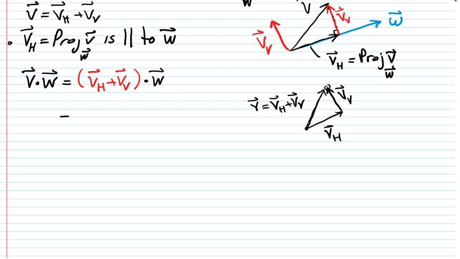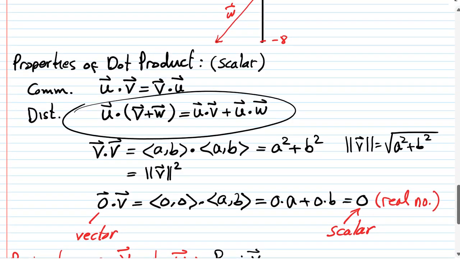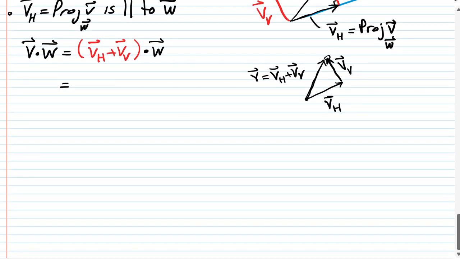Now, using the distributive property that I cited earlier, we're going to distribute W to both horizontal and vertical components. So it's going to look like this. We're going to have the horizontal component dotted with W plus the vertical component dotted with W.